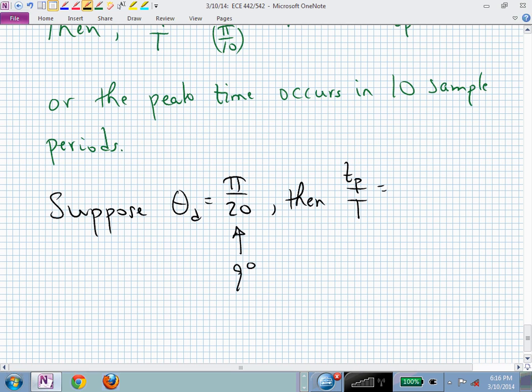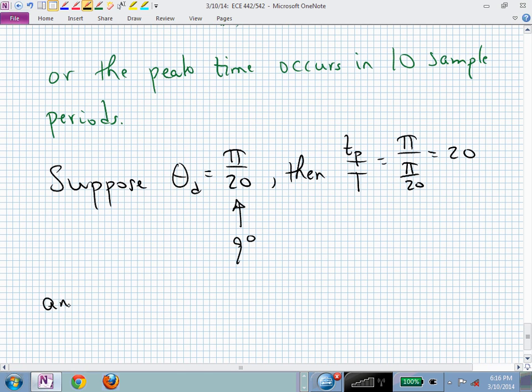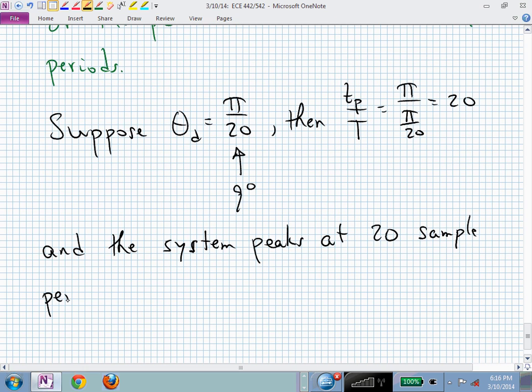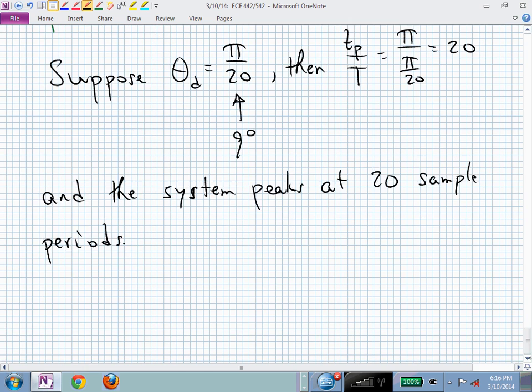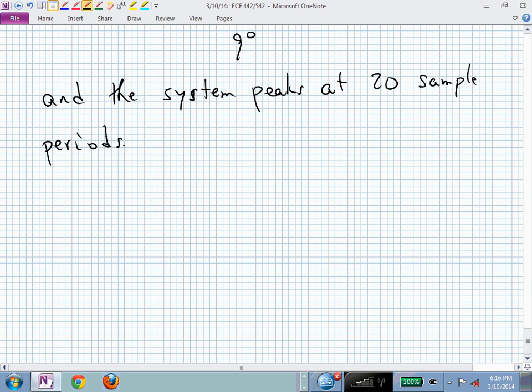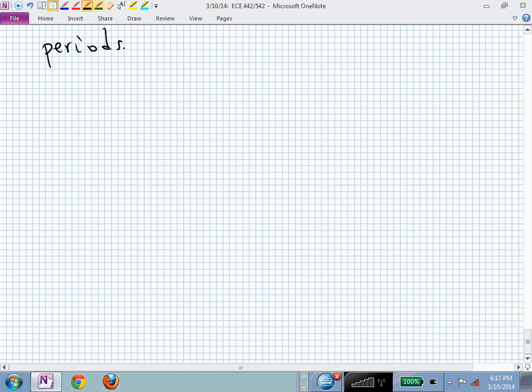And now time to peak over the sample period is 20. Or the system now peaks after 20 sample periods, meaning it's now a slower system. It takes 20 periods to reach the peak, and before it took 10, if our sample period T was the same.